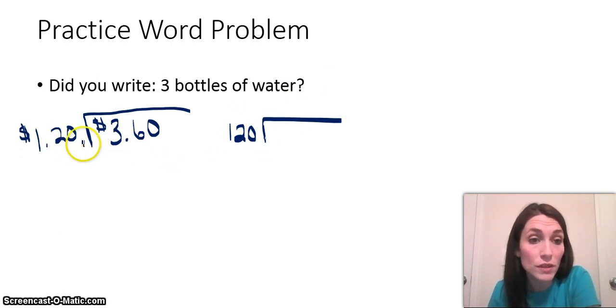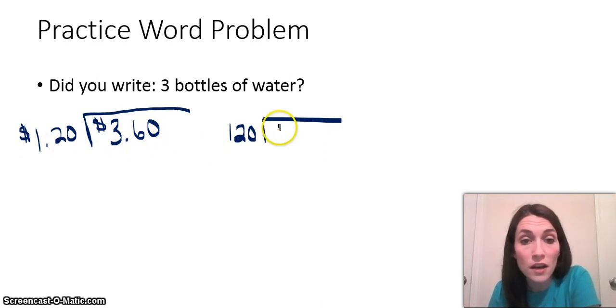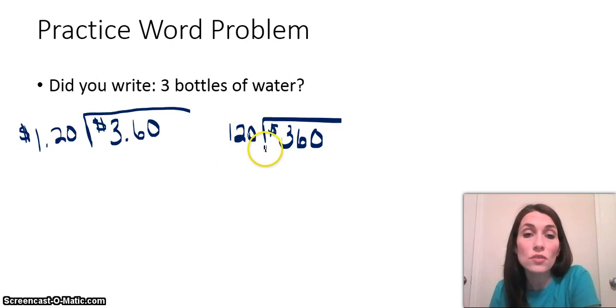Since I moved it 2 places here, I'm going to move it 2 places here, and this is going to become 360. And we're just changing these to whole numbers, making them equivalent numbers so that they're easier for us to do division with. Now I need to see how many times 120 will go into 360.